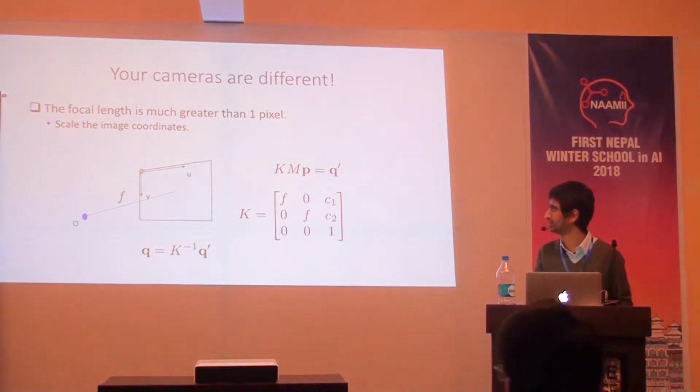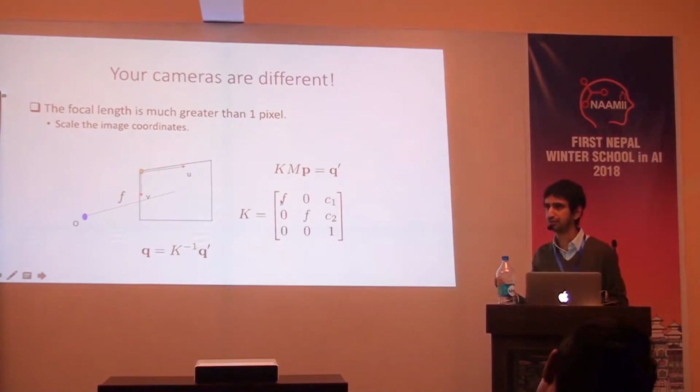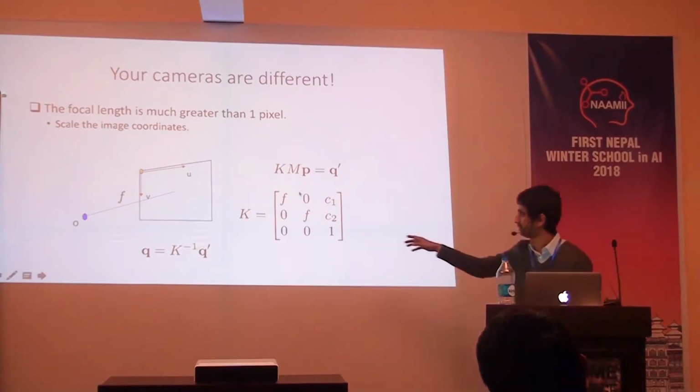So if UV was your previous pixel location, what you need to do to get a new pixel location is scale it by the focal length, f, for the UV coordinates of the pinhole camera. So first thing is you have to scale.